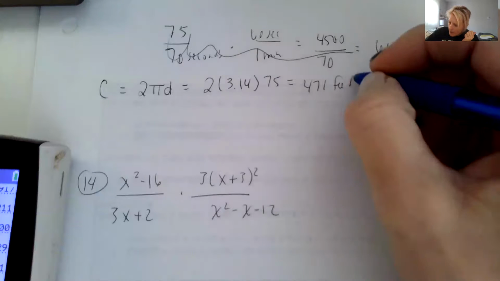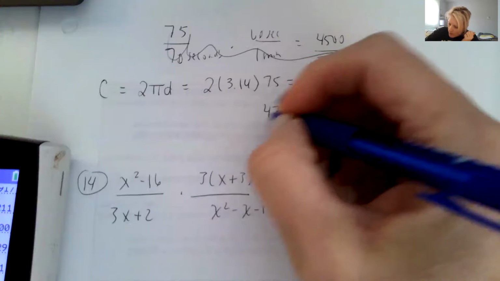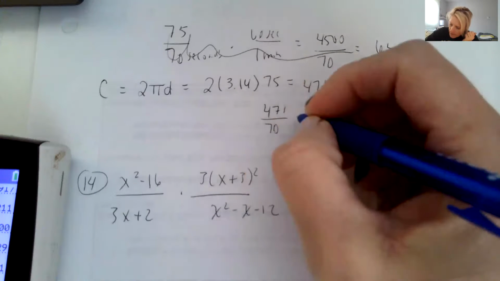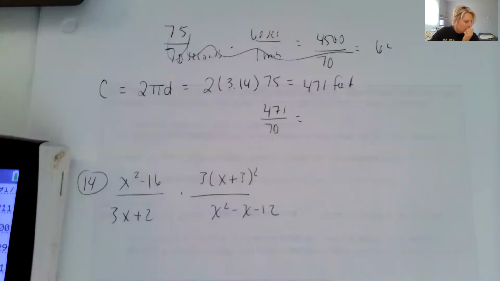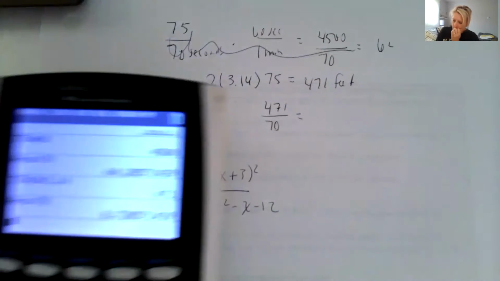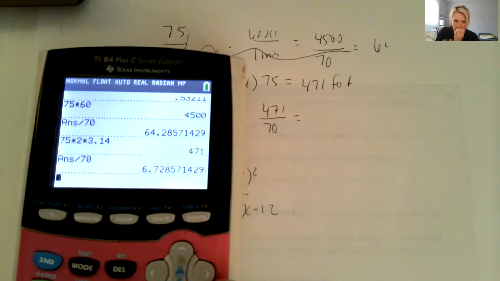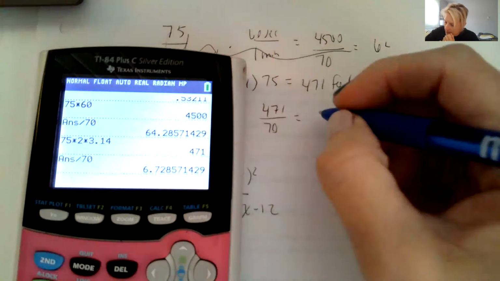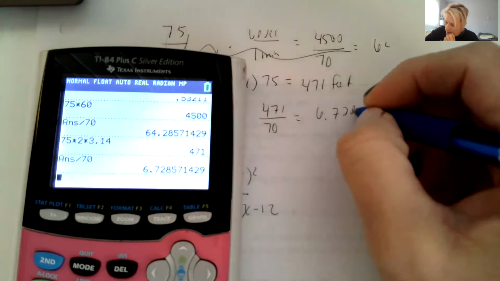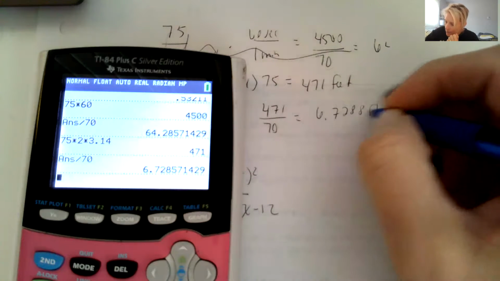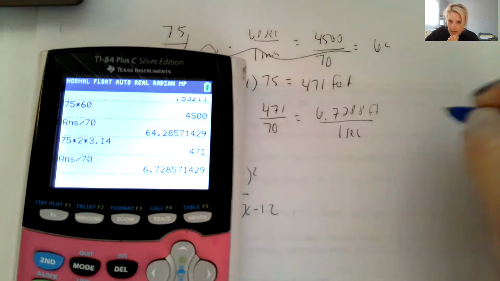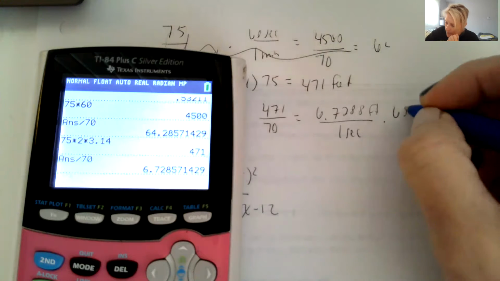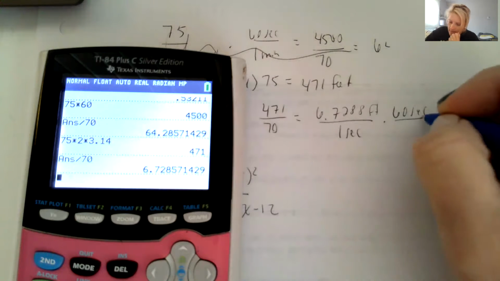Okay, so then we're going to take 471 and divide by 70. Okay, but this is 6.7288 feet per 1 second. And so this is where we have to multiply by the 60 seconds.